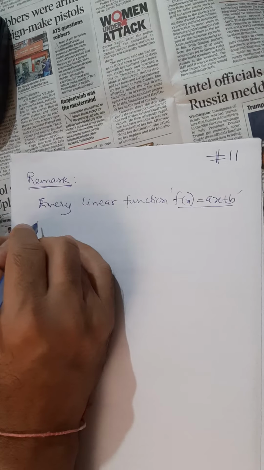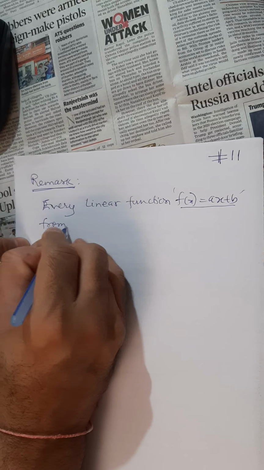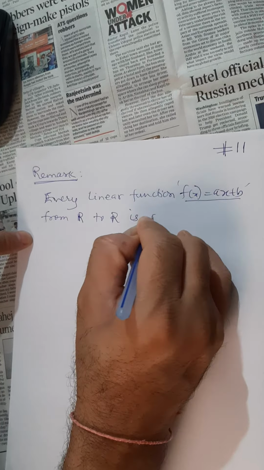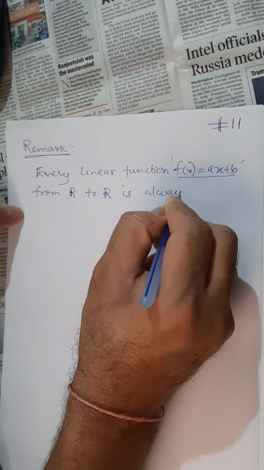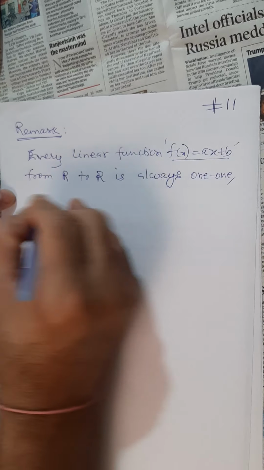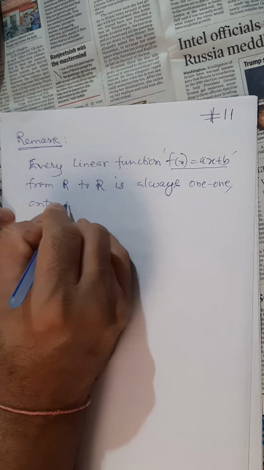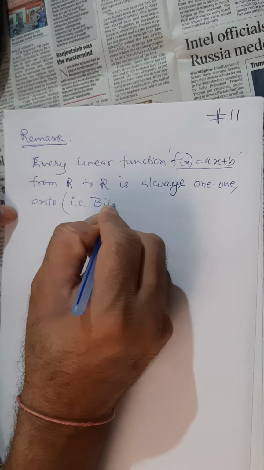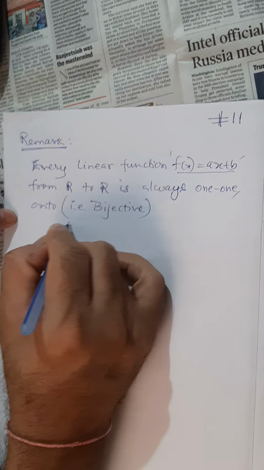Every linear function from R to R, from real numbers to real numbers, is always 1-1 and onto. A function which is 1-1 and onto is called bijective. So this is a bijective function.